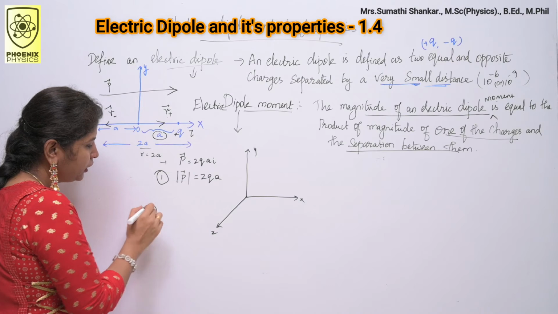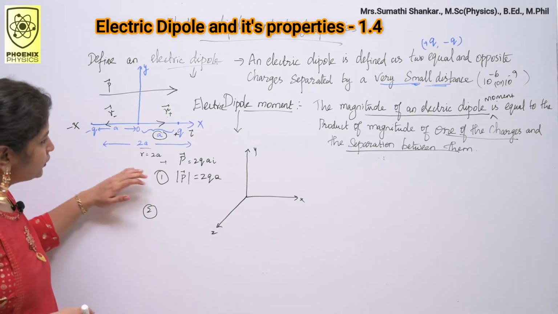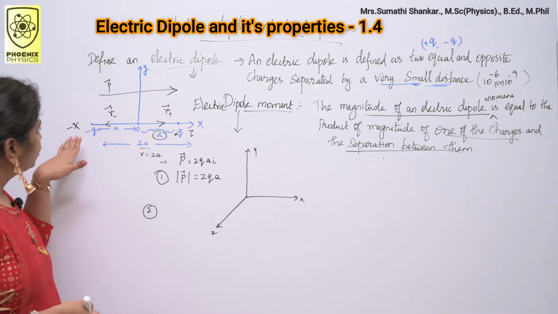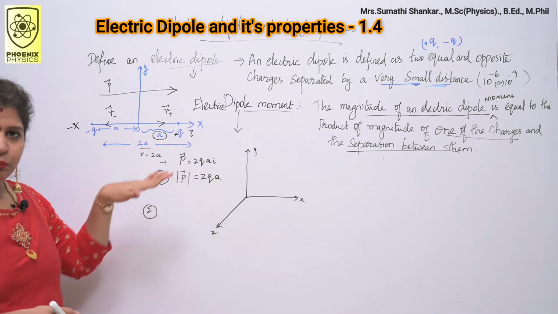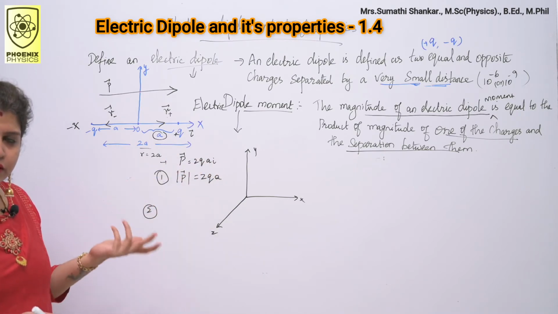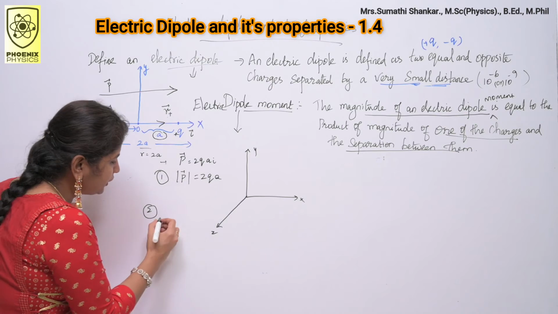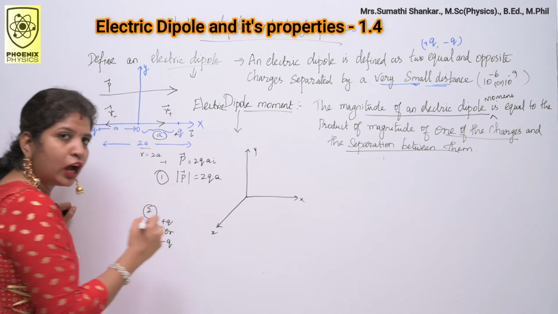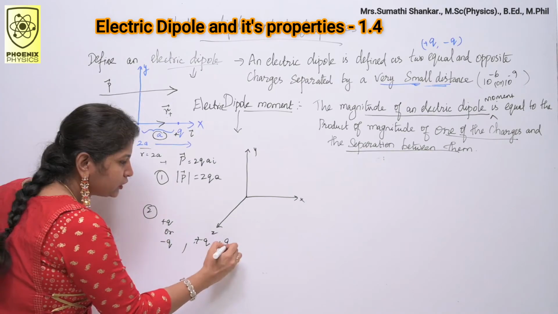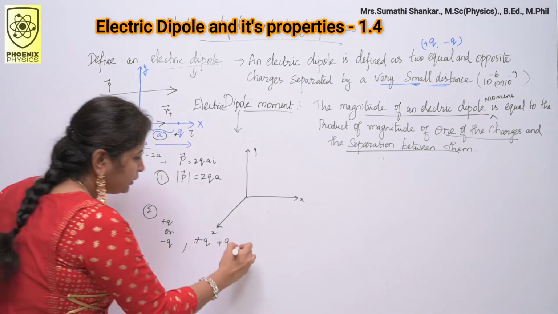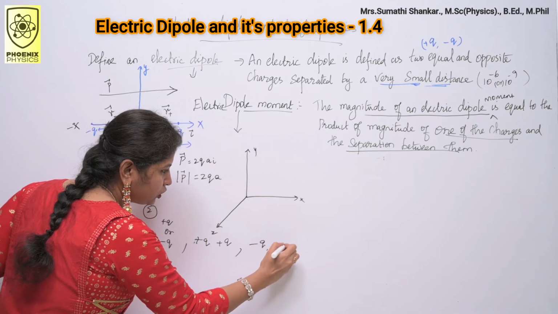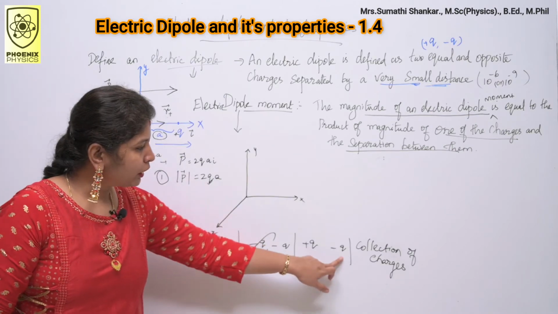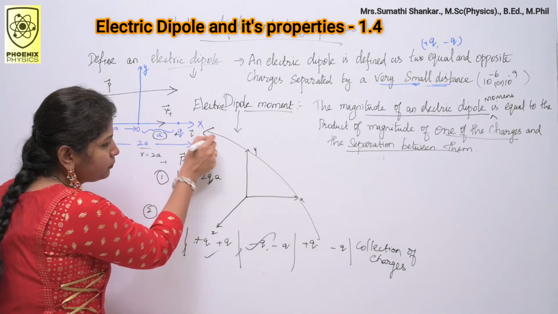Second property, we have calculated this dipole moment for two different charges, but we can calculate this dipole moment for single charges, that is plus q charge or minus q charge alone. Then both the charges are plus q, or both the charges are minus q. This plus q and minus q we have already calculated.